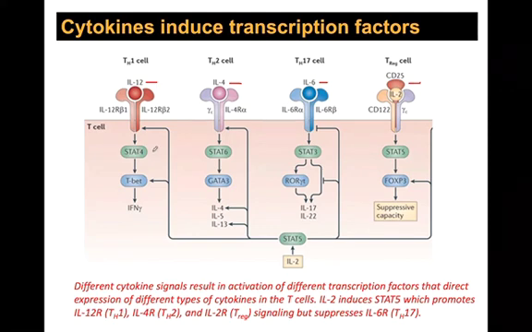What they do is turn on other transcription factors, sort of master control transcription factors, and this commits that cell to becoming that type of T cell. So Th1 cells are programmed because STAT4 turns on a transcription factor called T-bet. Th2 cells become programmed because STAT6 will turn on a transcription factor called GATA3.